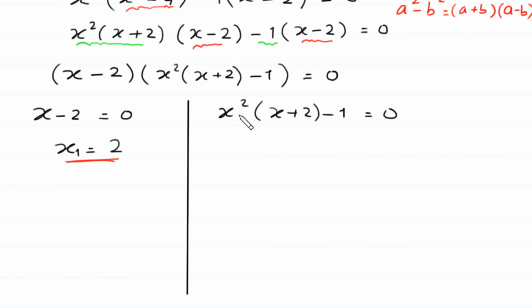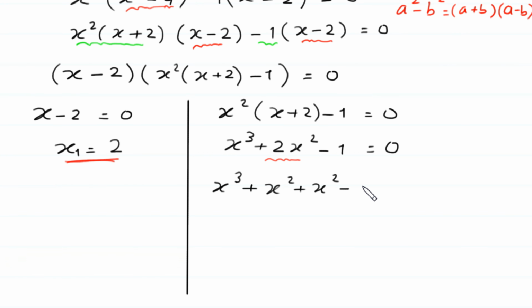We multiply this x² by x and plus 2. x² times x is x³, and x² times plus 2 is plus 2x², minus 1 is equal to 0. Now to solve this cubic equation, we split this 2x² into 1x² plus 1x². x³ + x² + x² - 1 is equal to 0.